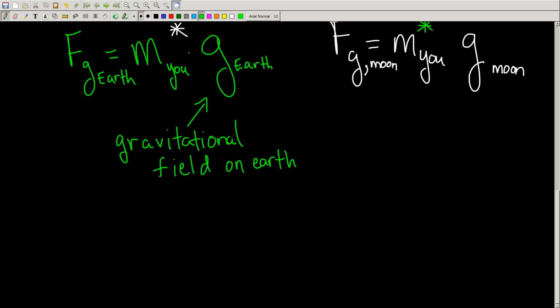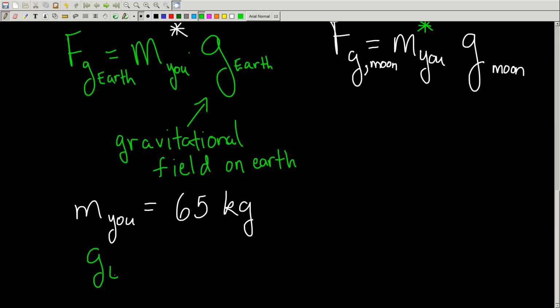Now what we're going to do is describe a couple things. We need my mass first of all. My mass is around 65 kilograms. Remember, we need the units for mass to be in kilograms. And the gravitational field strengths differ.